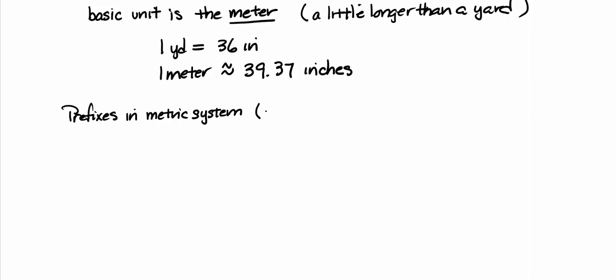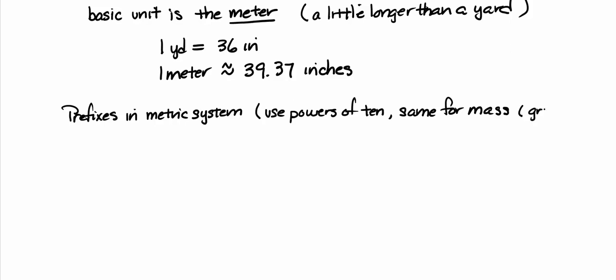And basically we use the power of 10 and they're the same for, we're going to be using it for mass, in which case we're talking about grams, and volume, we talk about liters. And we won't cover that here, but I'll do that in another section.